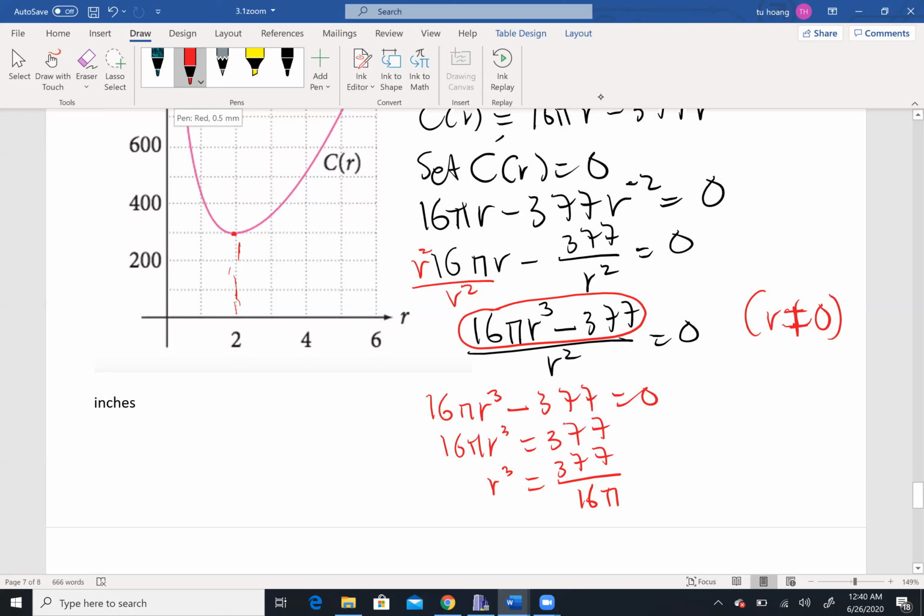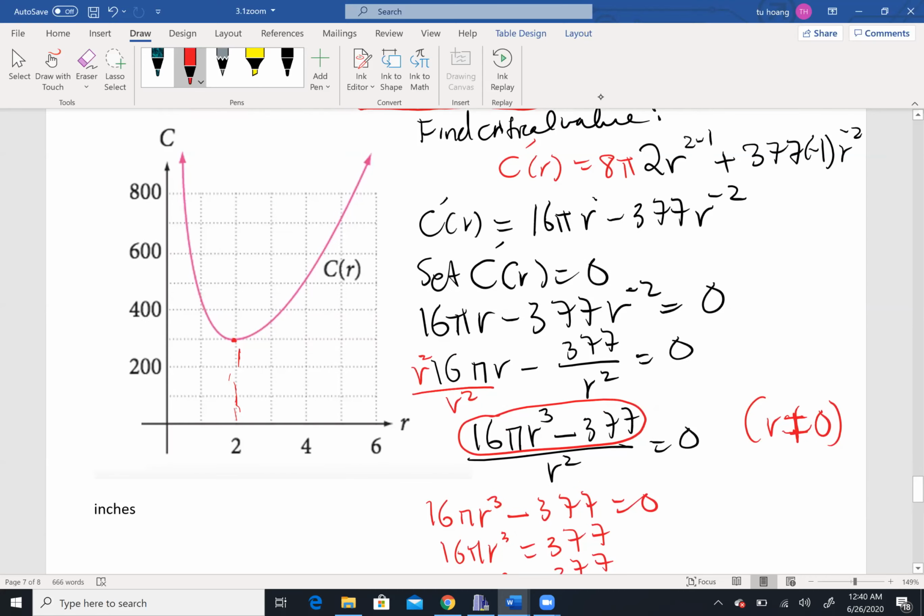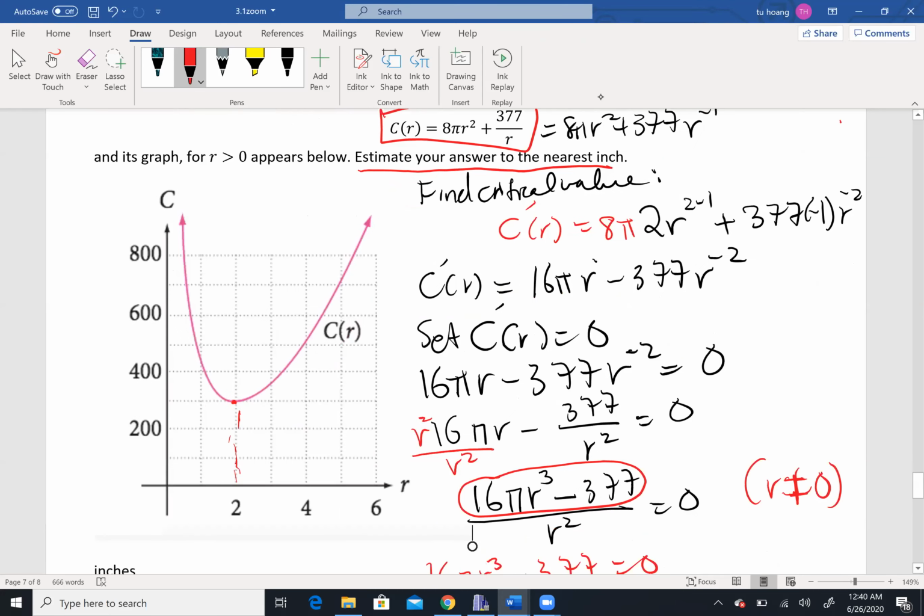Now the thing here is I am looking for r, not r cubed. So what should I do? Once again, I want to make sure I don't mess up anything.